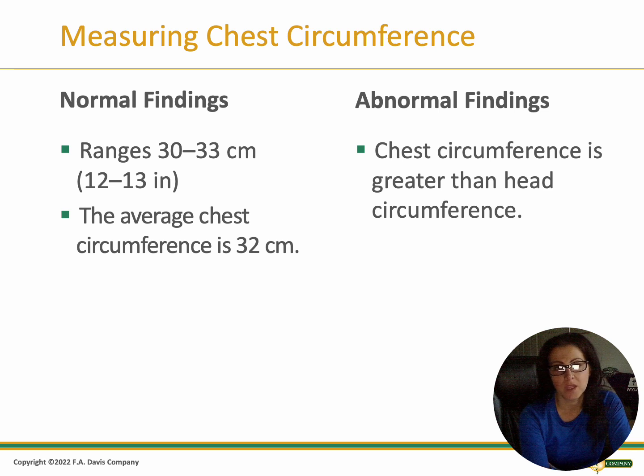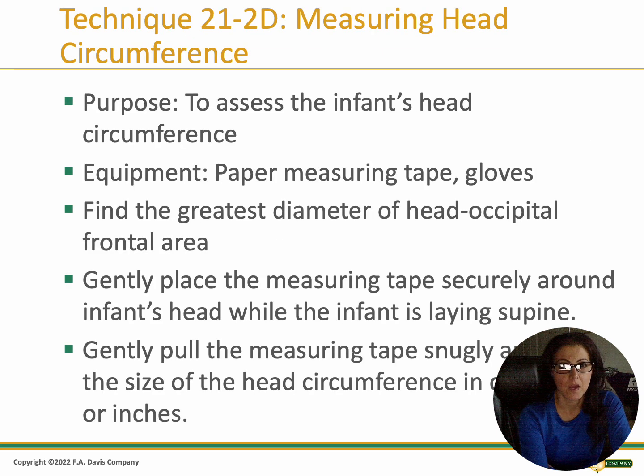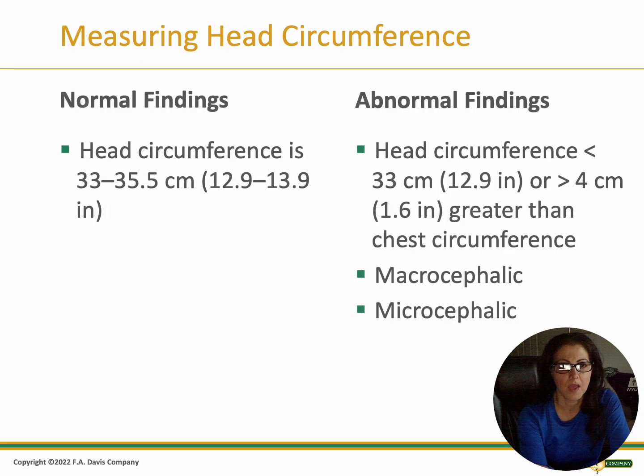And again, usually the chest circumference is smaller than the head circumference. We're measuring the head circumference by paper tape, and we would do it right at the level of the eyebrows. And a normal head circumference is usually between 33 to 35.5 centimeters.